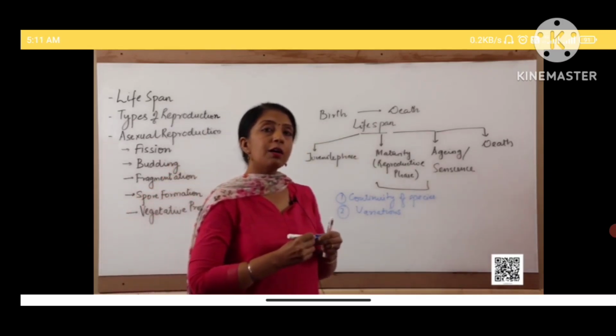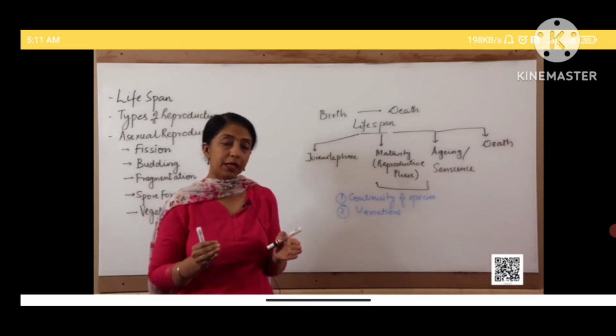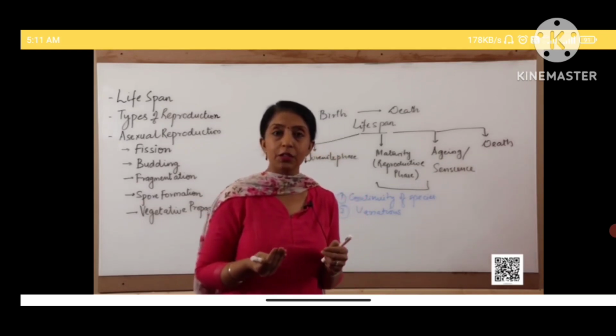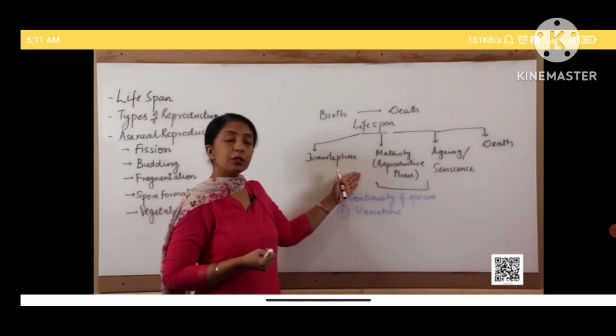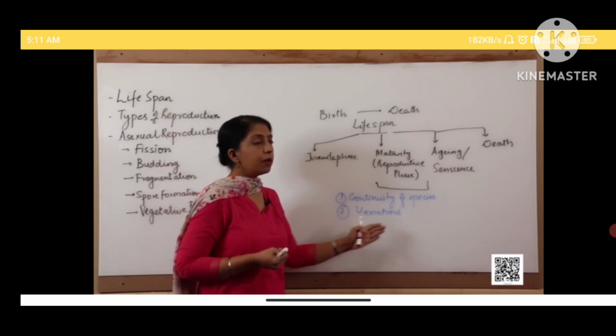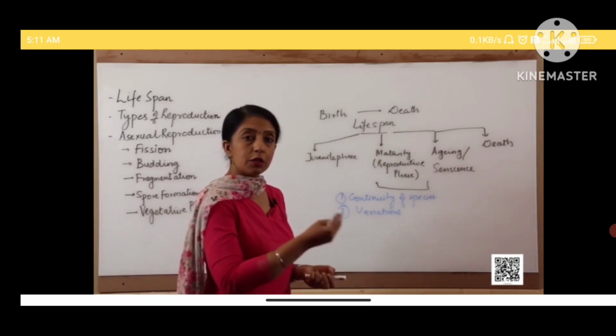Variations are certain changes in an organism that take place for the organism to adapt to changing environmental conditions. So variations are very important, and reproduction is a process which ensures variations in organisms. How it exactly happens, we'll be dealing with in our further chapters.